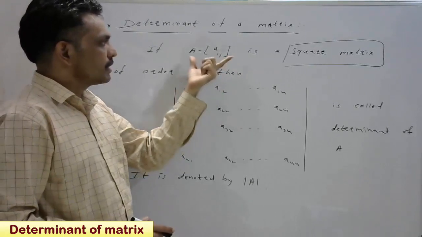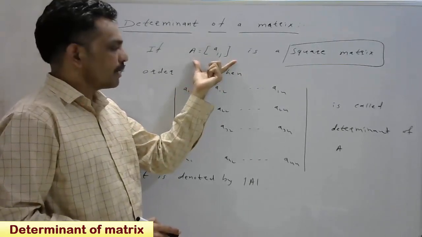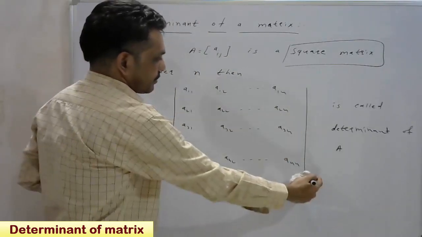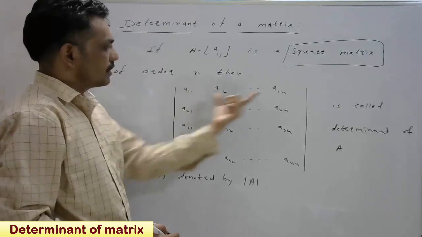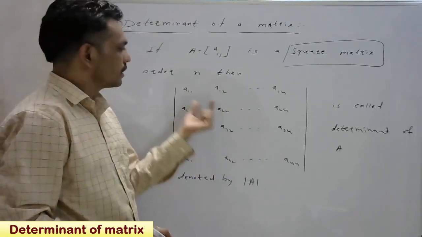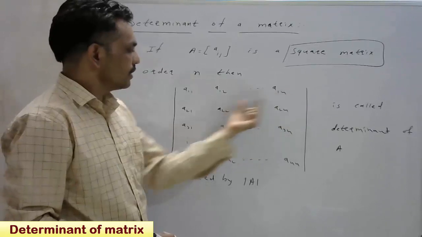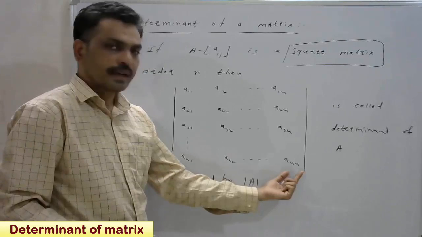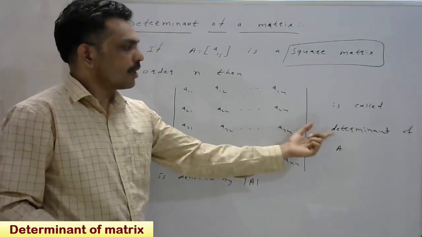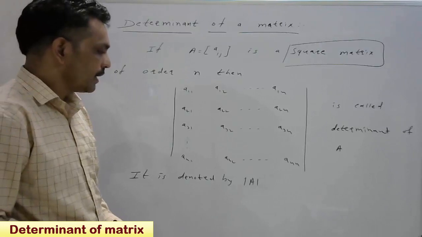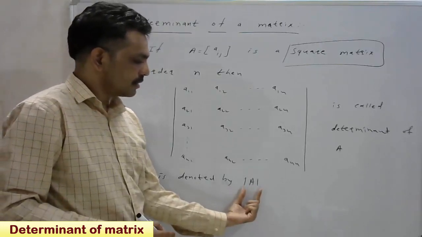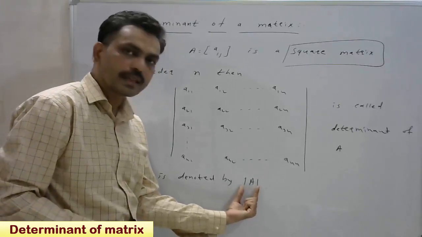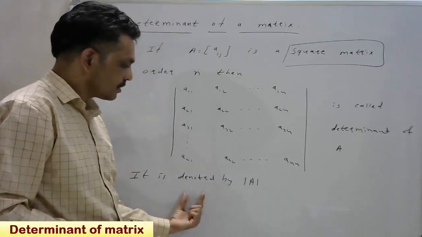Then this square matrix can be written in this form, having two vertical lines, and between these two vertical lines the elements a11, a12 up to a1n, a21, a22 up to a2n, and so on up to ann. Then it is called the determinant of A, denoted by A lying between two vertical lines.